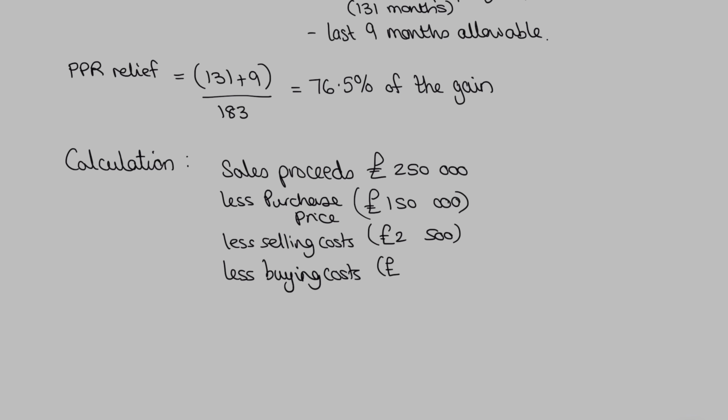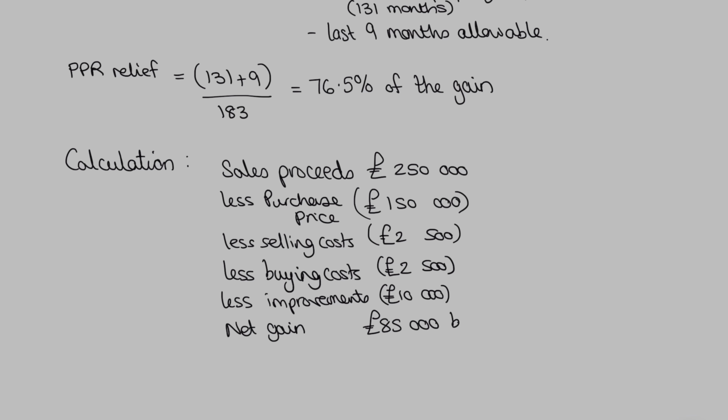We very briefly went over the fact that we had some improvements. Let's say the garden was done or it needed a new roof. We couldn't claim that during the period we rented it out, but now we're selling the property, we can claim that against our capital gains calculation. So our net gain before any reliefs are applied is £85,000.